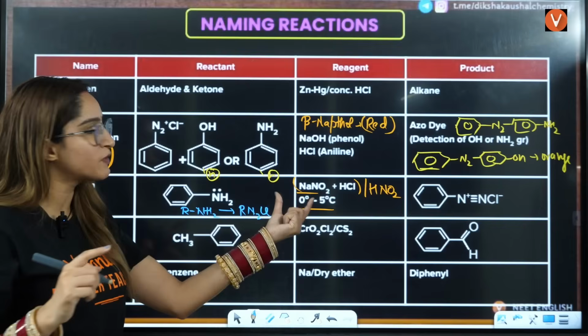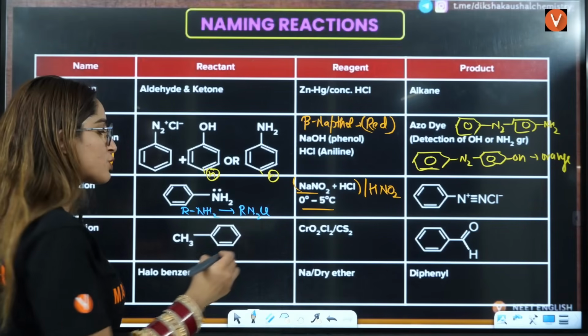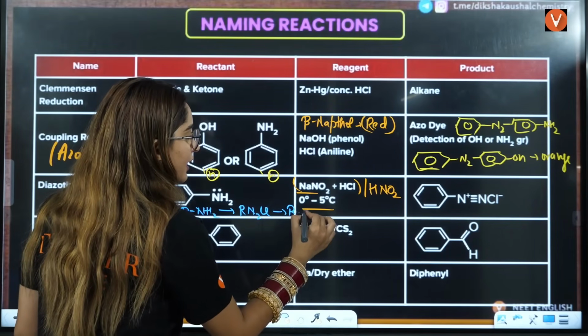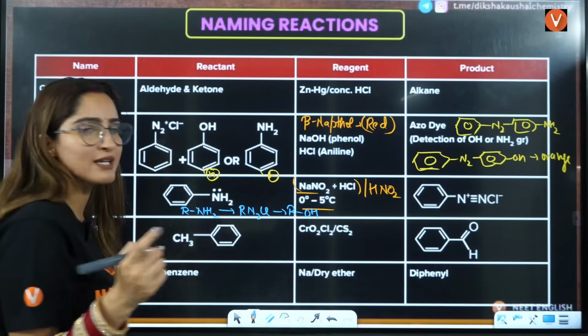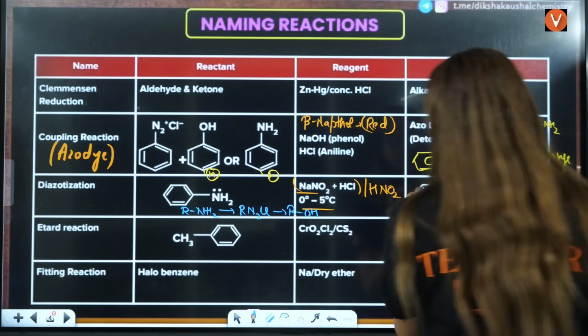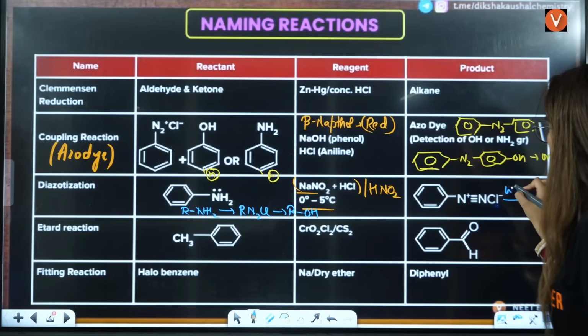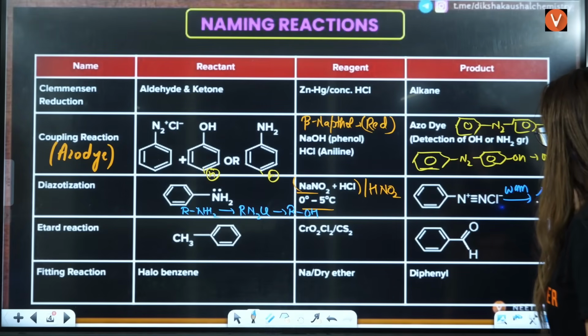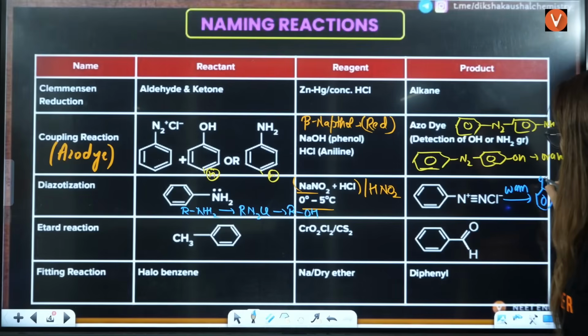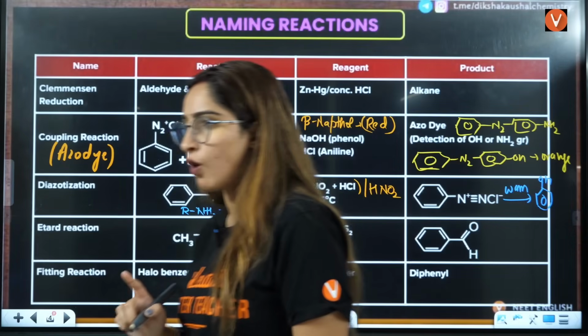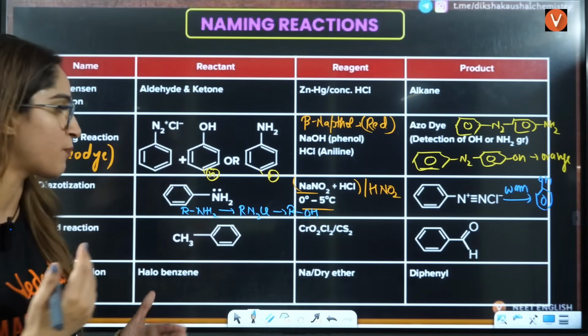In that case, even between 0 to 5 degrees Celsius it is not stable, and it will directly give you ROH, that is alcohol. But in the aryl case, because it is stable at 0 to 5 degrees Celsius, you will have to warm it, and only then this N2Cl will be converted to OH, that is phenol. So this is also a preparation step of phenol.